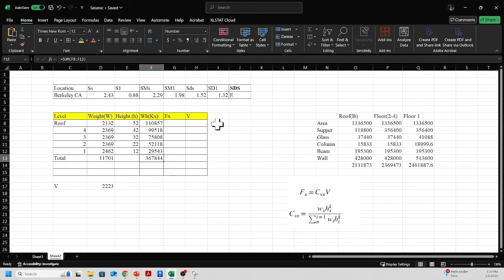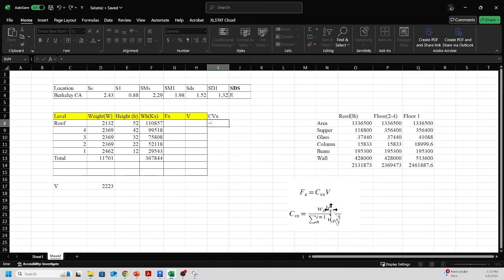I'm going to make a column right here, call it Cvx. And that's equal to the total weight, which is right here. No, I lied.